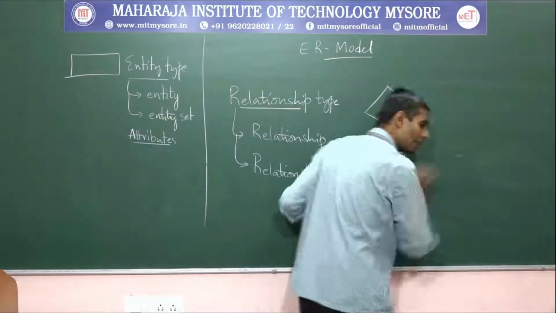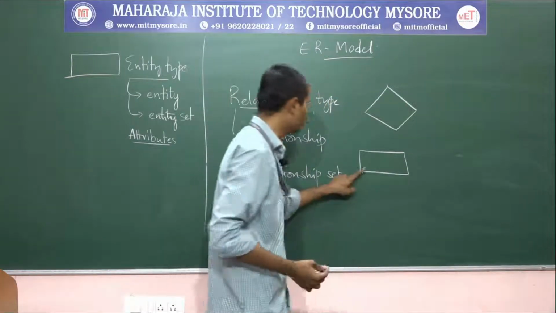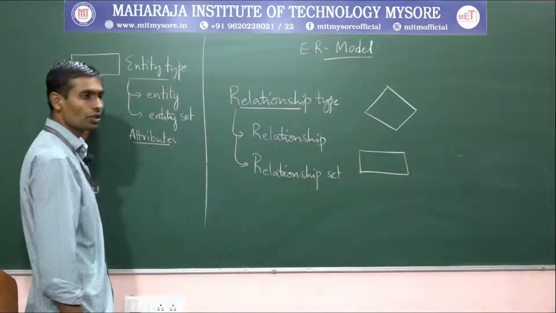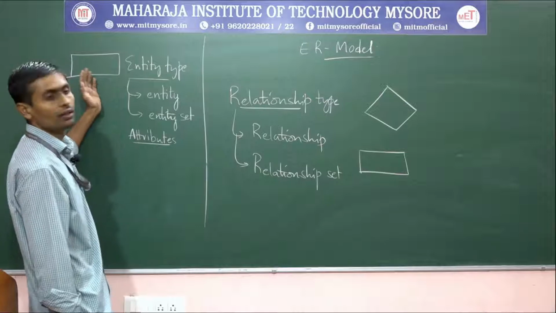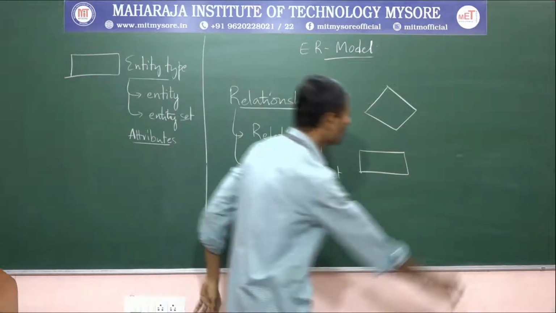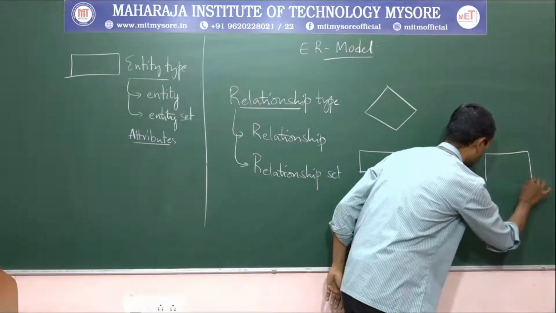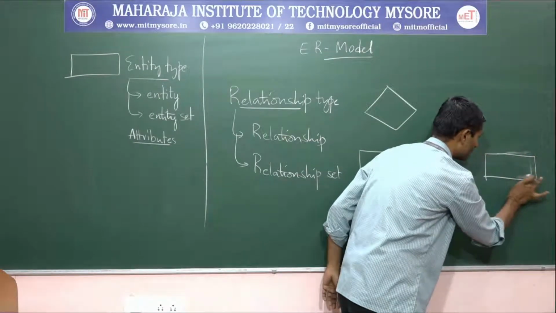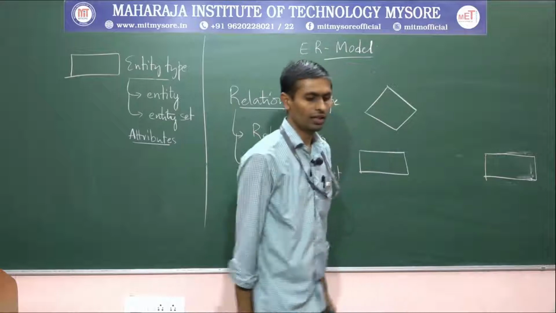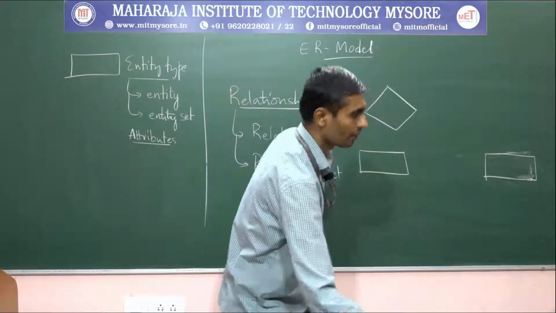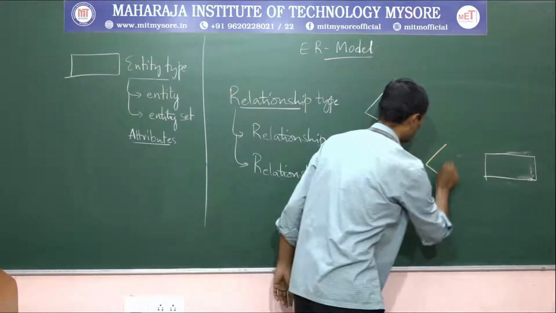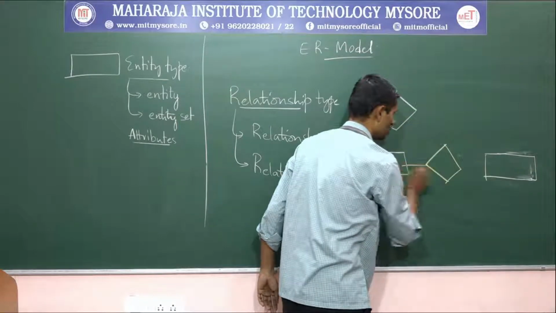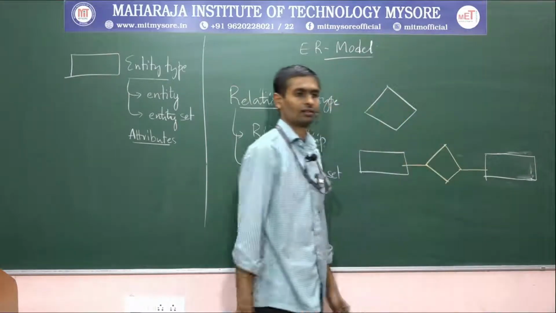How can I represent an entity type, guys? The notation used is the rectangular box. So let me write two rectangular boxes, connected by one relationship type. I said it connects, right.